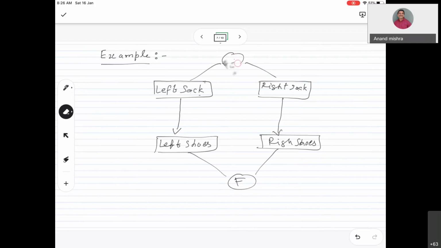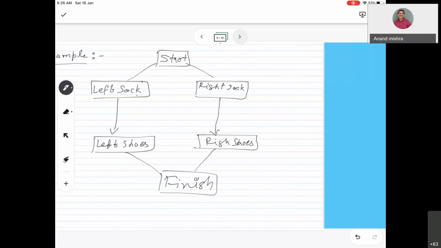So maybe we can draw like this: one is called start, and one is called finish. These are dummy operations which you add. Now you can think there is some precondition to any action, right? If you have any action, there is always a precondition and a postcondition.